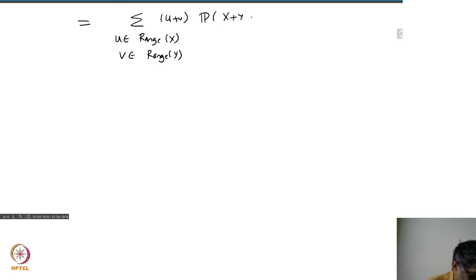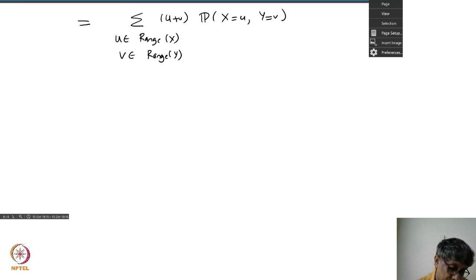So it's the same as the sum over all u in the range of x and all v in the range of y, of u plus v times the chance of, what do you put? So z, you just put u plus v, right? And then you put x plus y equal to u plus v. Or let's say, I'll just say x equal to u and y equal to v. That's how I'm splitting z out.